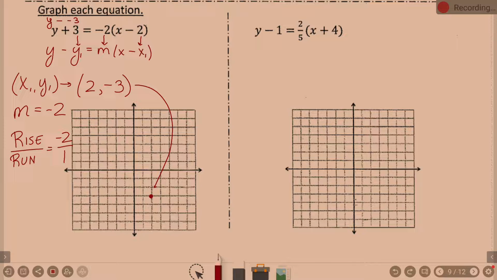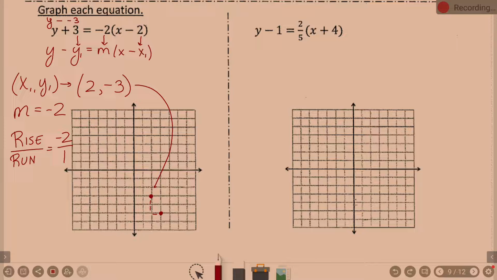So right here, from the point I just graphed, we're going to rise negative 2, which says I'm going to go down 2. And then I'm going to run 1, over 1. So you've got 2 dots there.